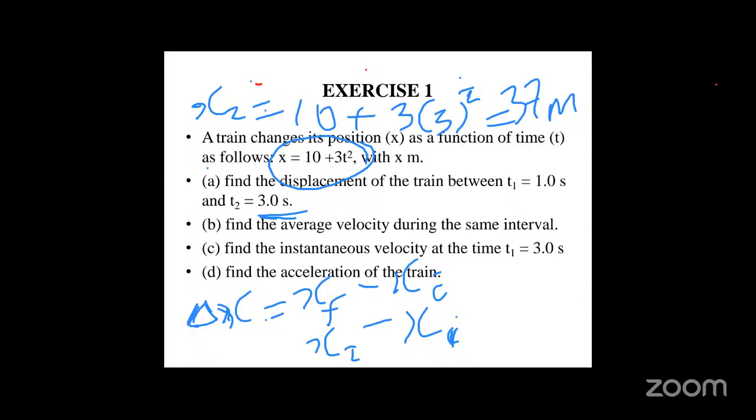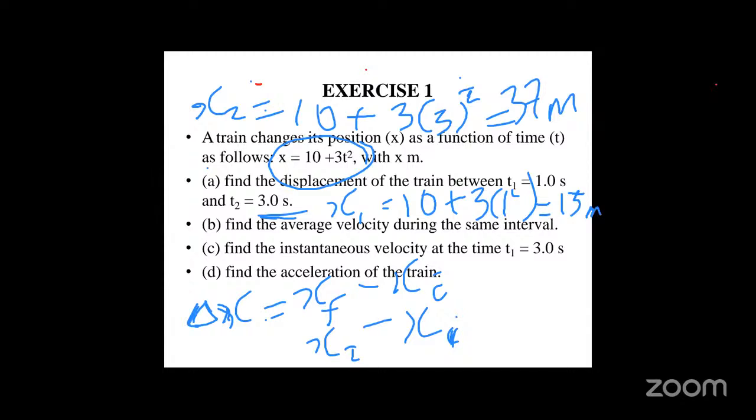So what will be X1? X1 will be when T is equal to 1. So that is 10 plus 3, T is 1, so you put 1 squared, then you simplify. 1 squared is 1, 1 times 3 is 3, 3 plus 10 is 13. So X1 is 13 meters.